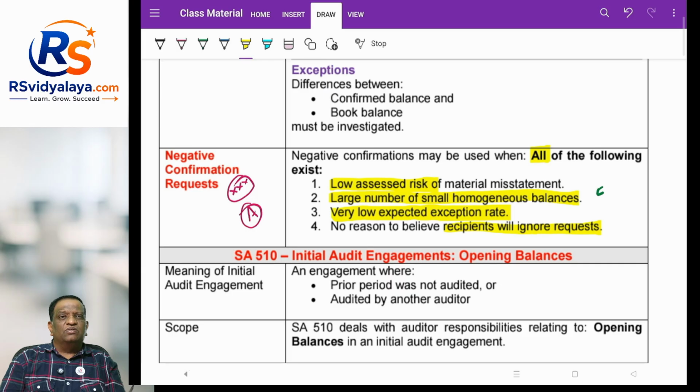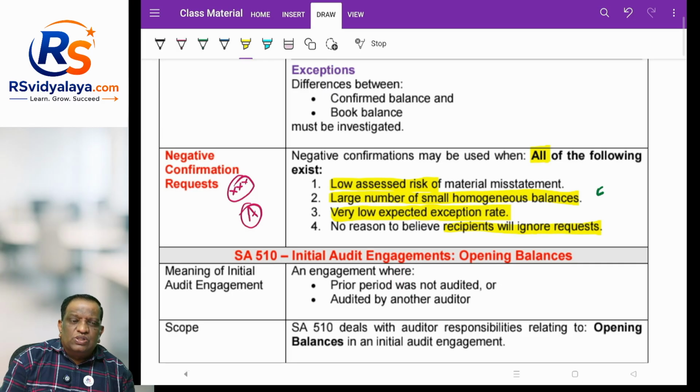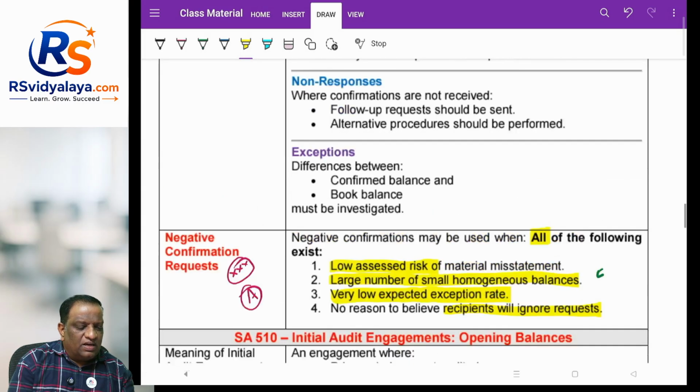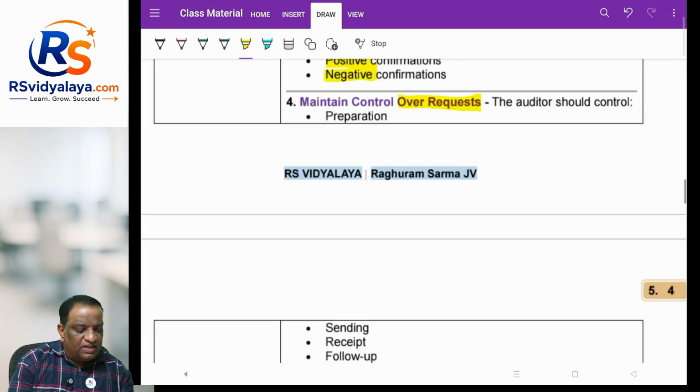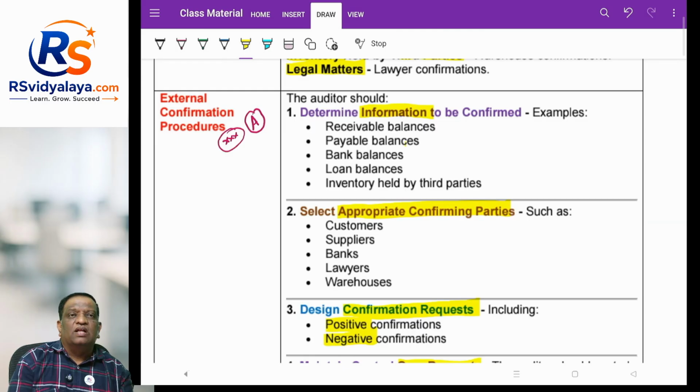They have agreed to your balance. So only when all these conditions are satisfied, you are allowed to send a negative confirmation. Otherwise, as an auditor, I cannot use negative confirmation as sole audit evidence. That is not agreeable. So these are all the points under this standard on external confirmation.